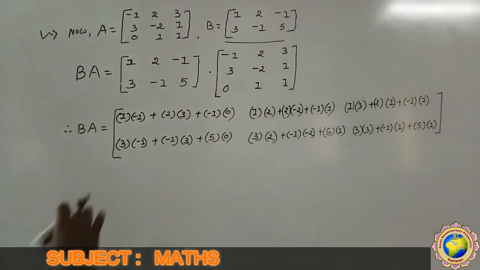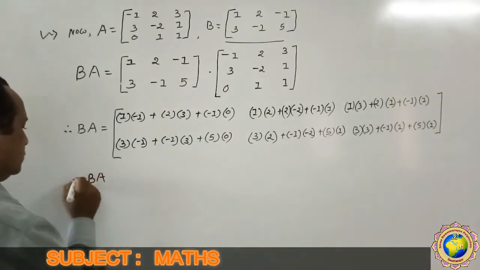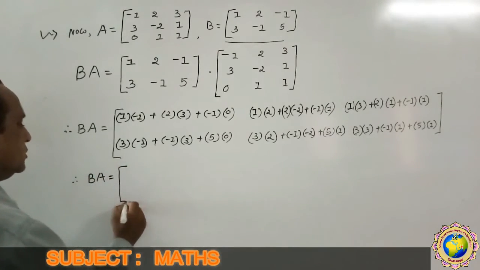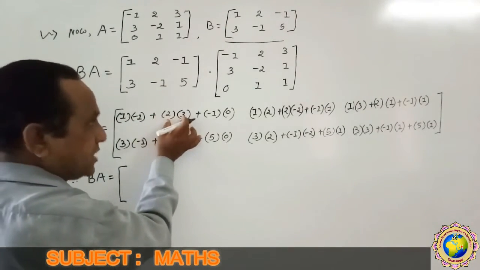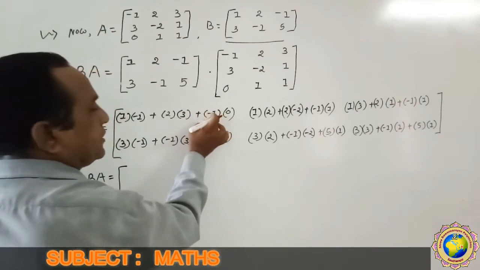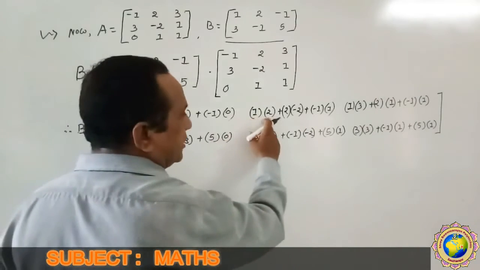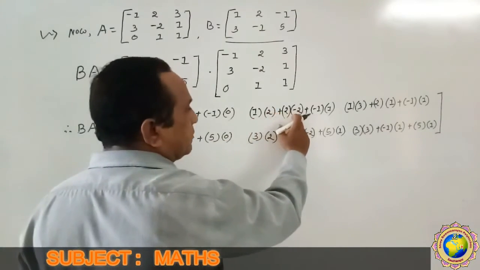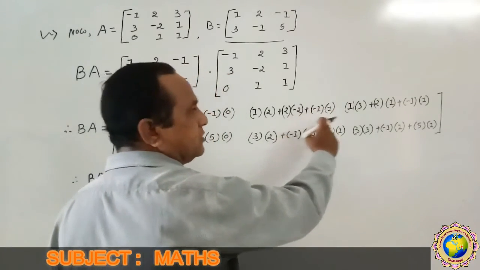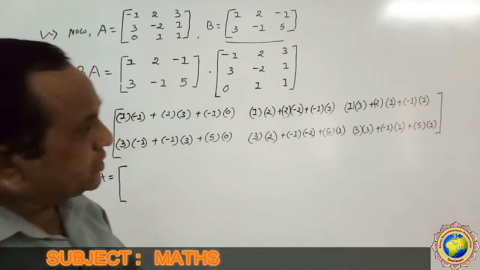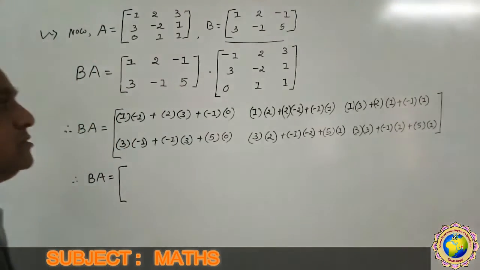Now simple multiplication. BA is equal to: 1 multiplied by minus 1 is minus 1, plus 2 multiplied by 3 is 6, plus minus 1 multiplied by 0 is 0. Similarly 1 multiplied by 2 is 2, 2 multiplied by minus 2 is minus 4, minus 1 multiplied by 1 is minus 1. Then 1 multiplied by 3 is 3, 2 multiplied by 1 is 2, minus 1 multiplied by 1 is minus 1.